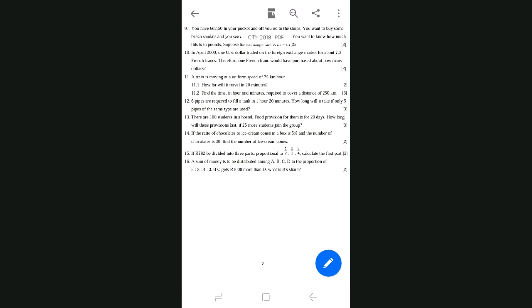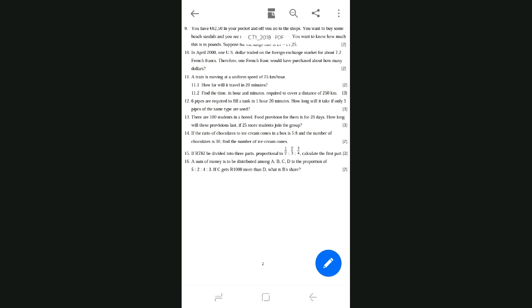It says that if the ratio of chocolates to ice cream cones in a box is 5:8, and the number of chocolates is 30, find the number of ice creams.